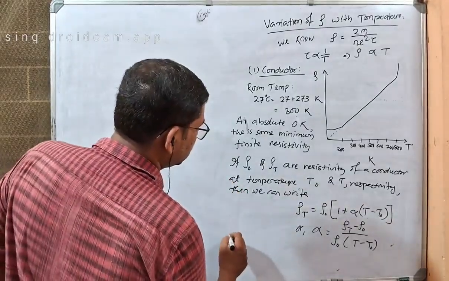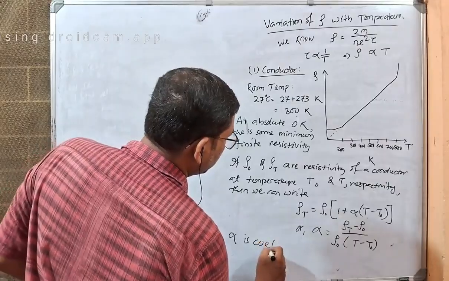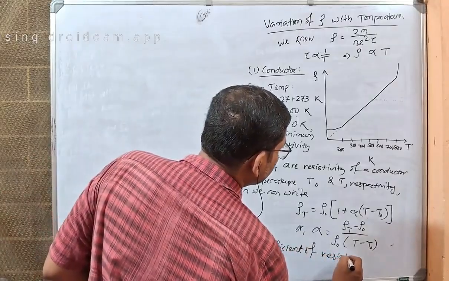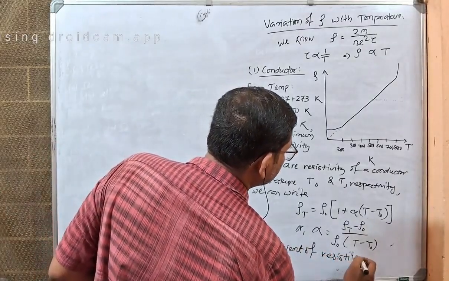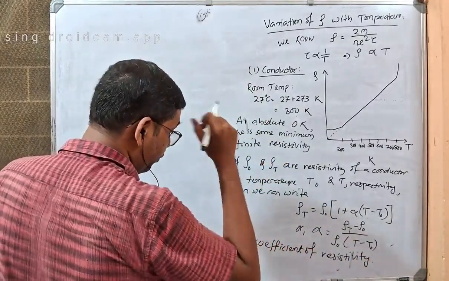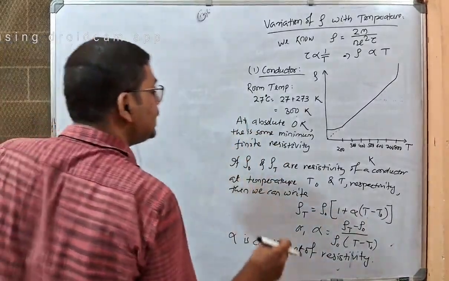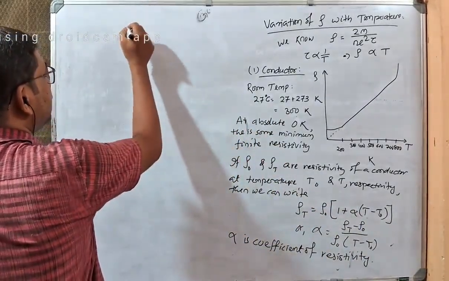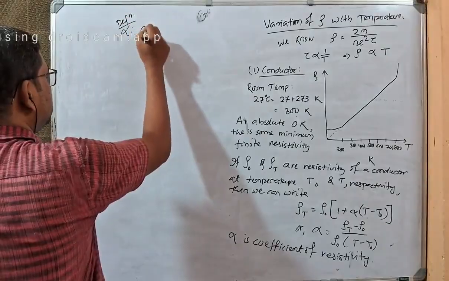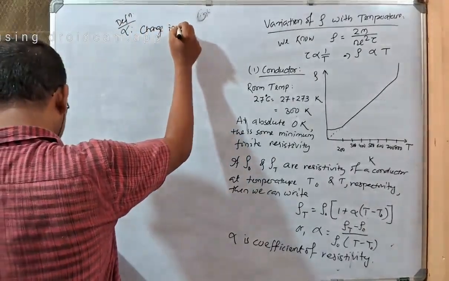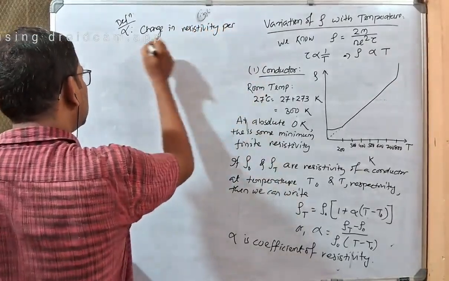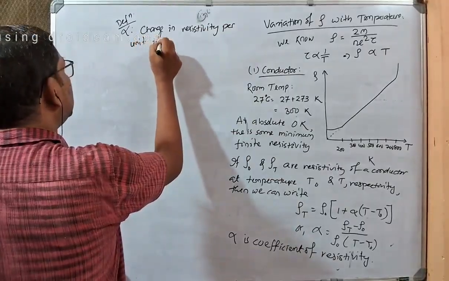Alpha is the coefficient of resistivity. So how can we define alpha? It is the change in resistivity per unit initial resistivity, per unit rise of temperature.